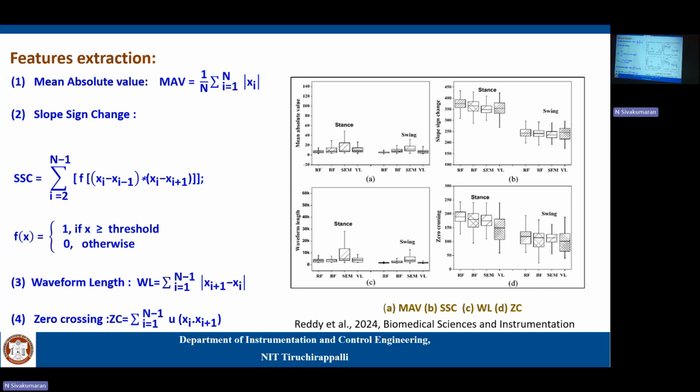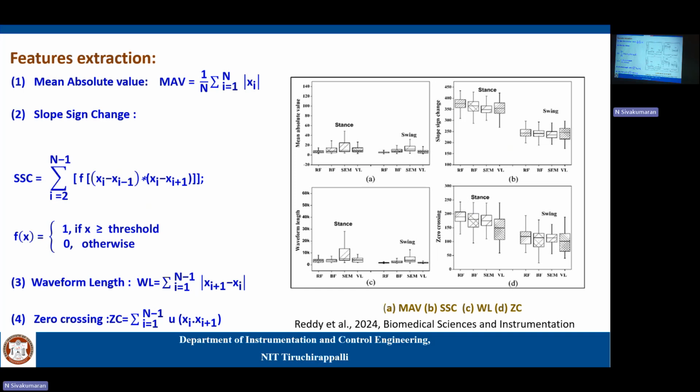If you ask me, I think this is fine. I can just draw a line, and I'll see whenever slope sign change goes above this line, it means I want my foot to be on the ground.